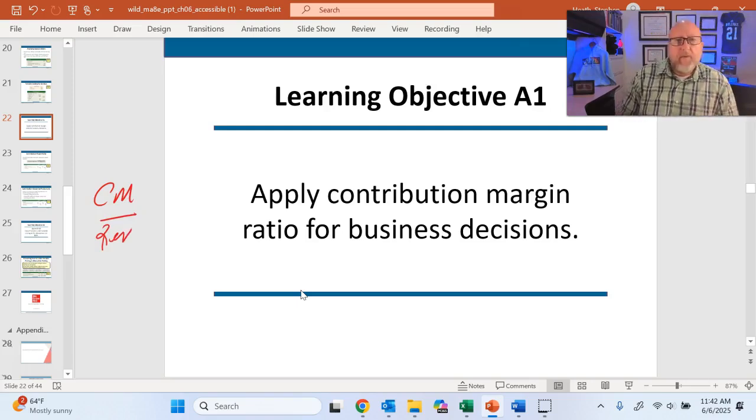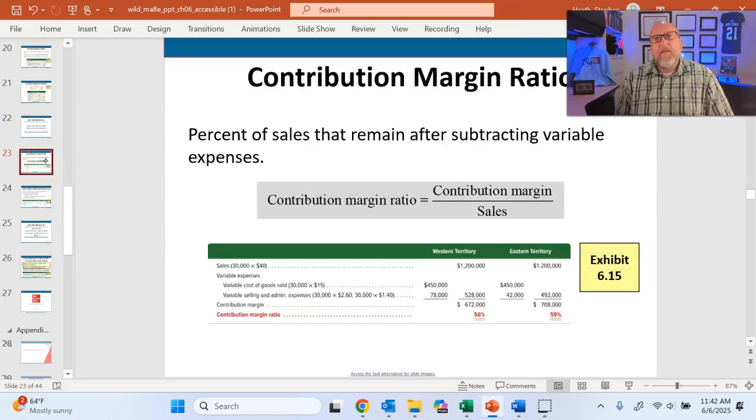That is the contribution margin ratio. With this ratio, we can make some pretty interesting observations about particular businesses and think about ways to improve operations. Okay. So the contribution margin ratio, again, is contribution margin divided by sales or revenue.